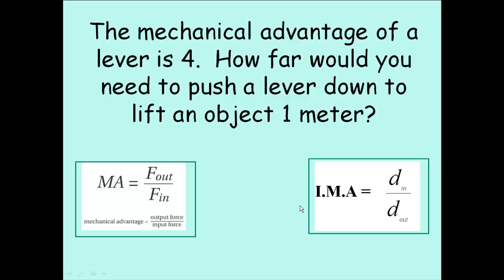So here we have a mechanical advantage of 4. How far, we're looking at a distance here, but how far would you need to push the lever down in order to lift an object 1 meter? Well, think about this. We're getting 1 meter out. The mechanical advantage is 4. Now we're talking about distances here.